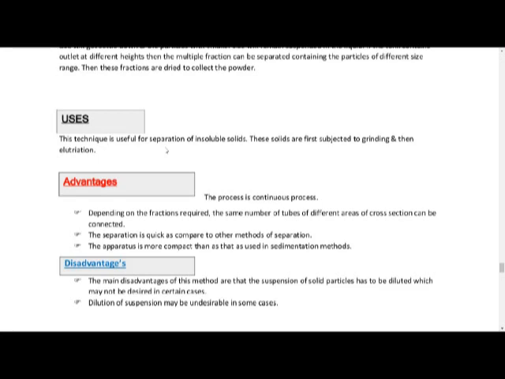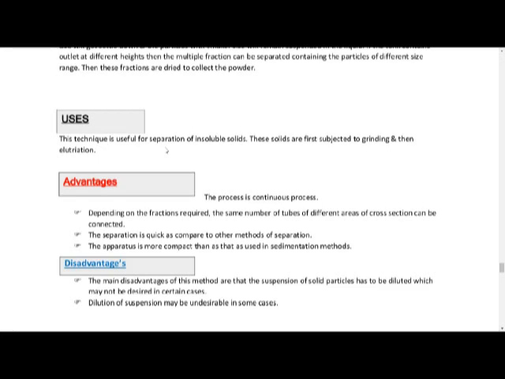The separation is quick as compared to other methods of separation, and as you can see in the diagram, this apparatus is very compact, so it needs very little space. These are the advantages of this method.